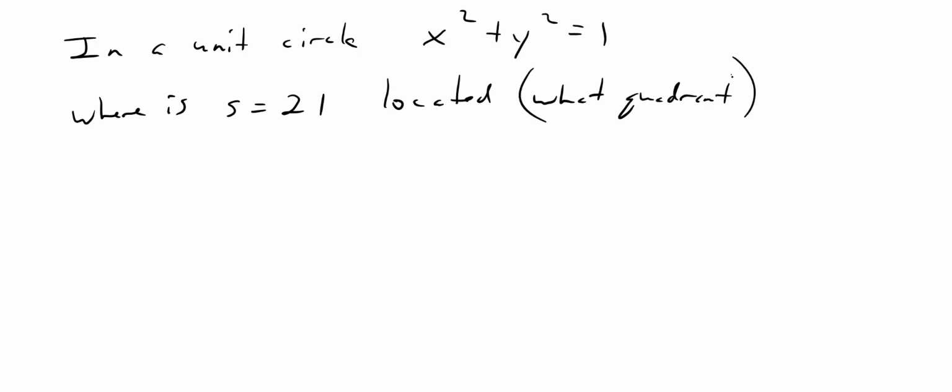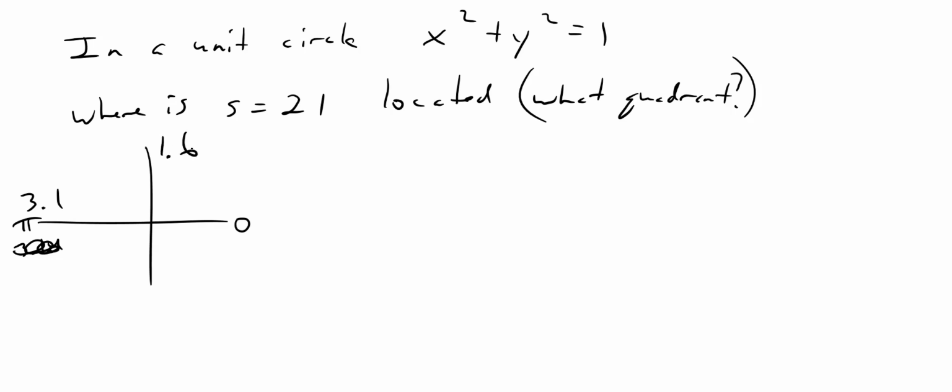So if you guys remember, basically this is 0 and this is pi over here. But if I said this is 3.14, just let's even go 3.1, just to simplify it. And then this is pi over 2 on top here, so that's about 1.6. And then this is 3 pi over 2, so if I add 1.6 and 3.1, I'm going to get about 4.7. And this is back to 2 pi, which is about 6.3.